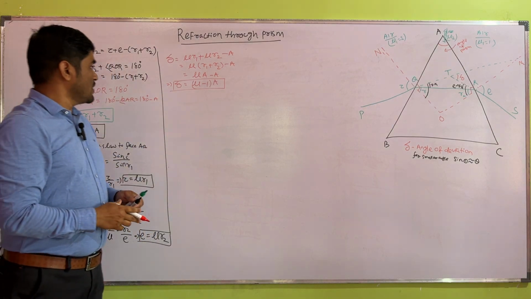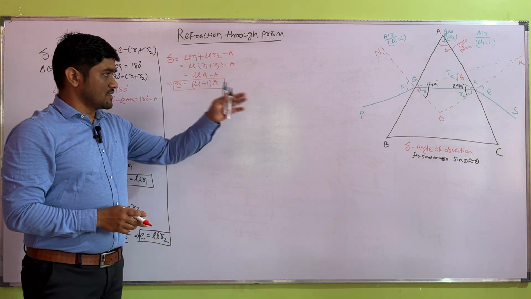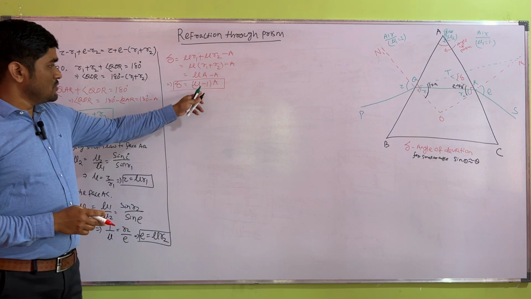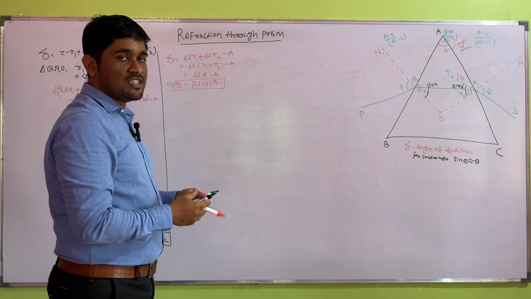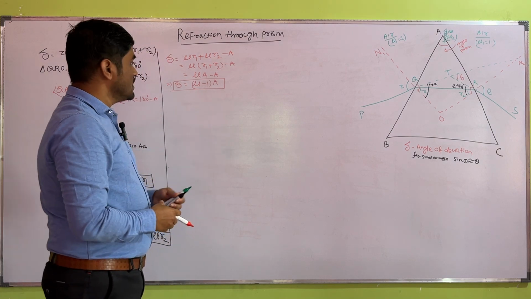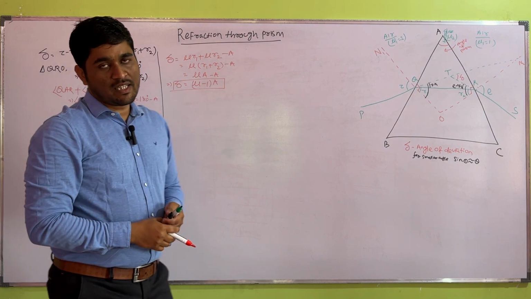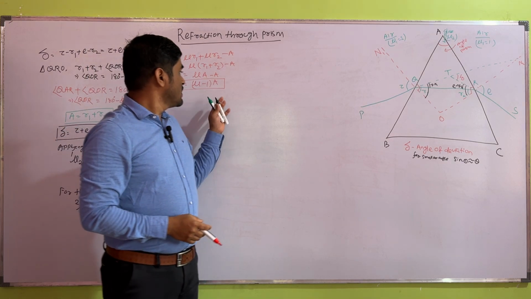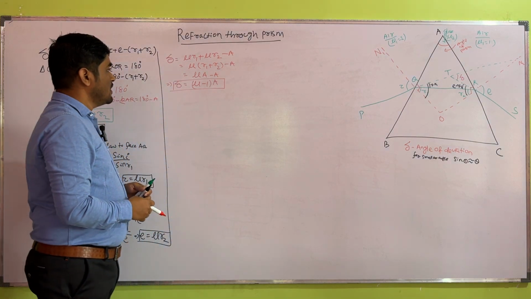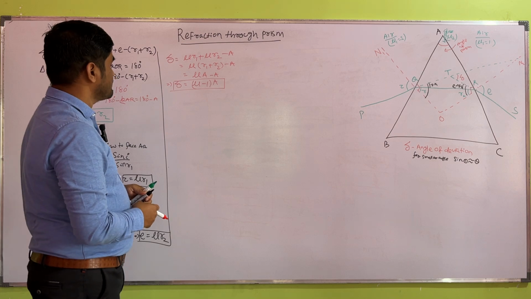This is the equation for angle of deviation, where mu is the refractive index of the material in which the prism is made, and A is the angle of prism. Clear? So this is the equation for angle of deviation.